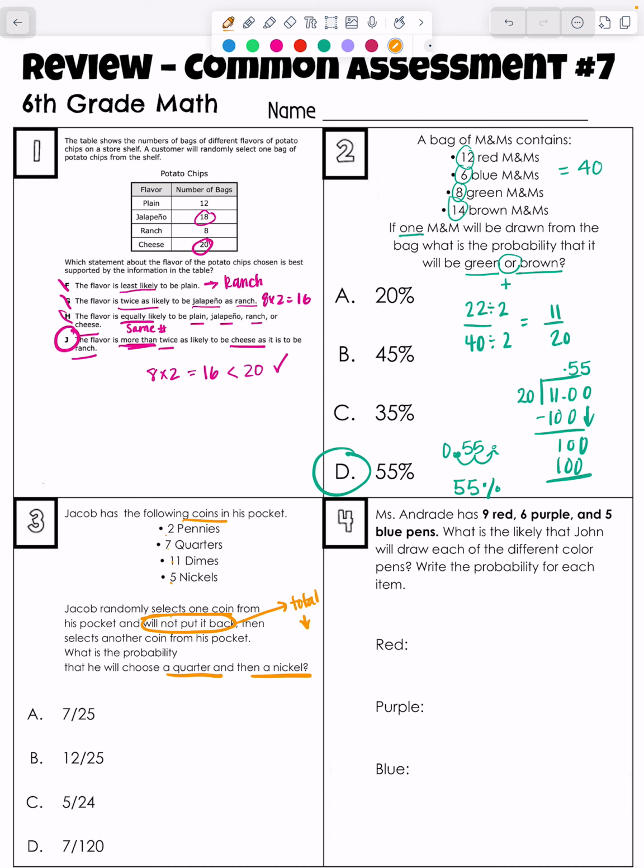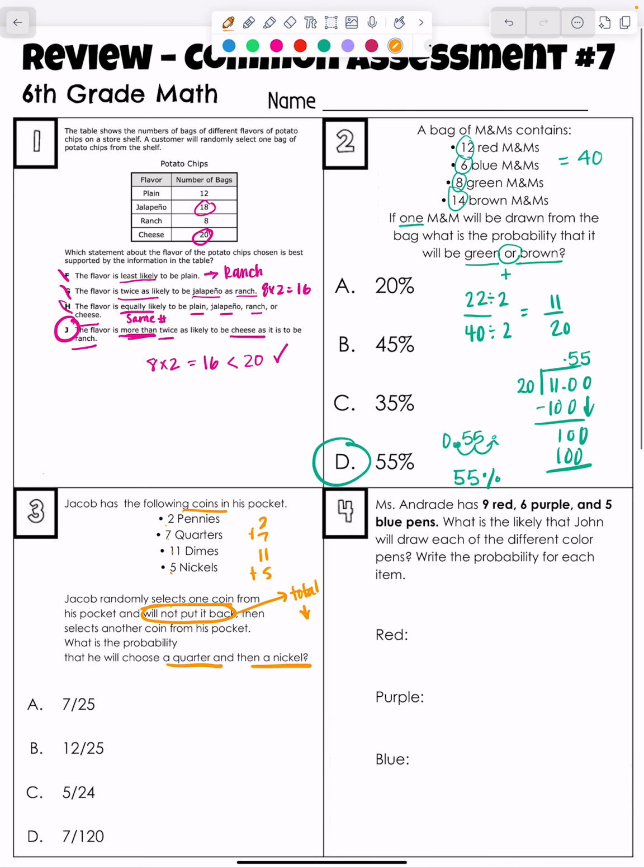Remember, if it's not being replaced, if it's being eaten, if it's not being put back, that means your total is changing. So once again, we have to add up our total. So 2 plus 7 plus 11 plus 5 is going to get us 25.